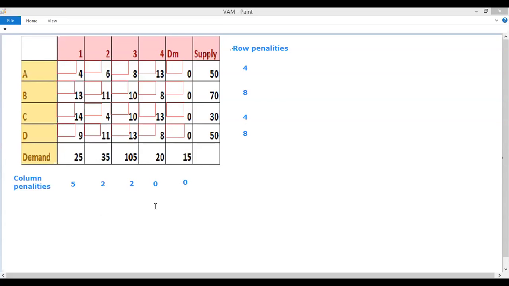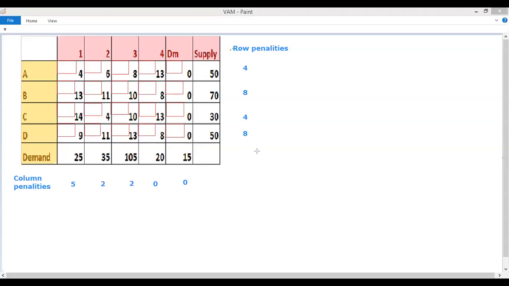Now we have to pick the maximum penalty, and here you can see there are 2 maximum penalties, 8 and 8, where they have the same value, which means there is a tie. When there is a tie, we have to see which row each 8 belongs to.